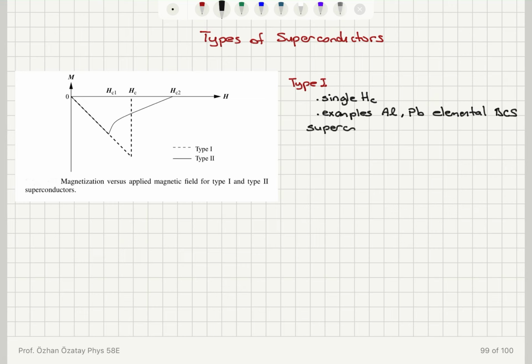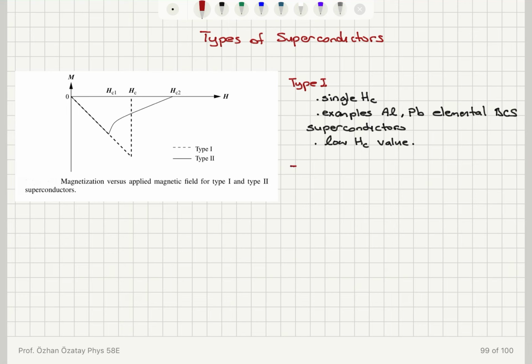They fall into this type 1 category, and they tend to have a low critical field, low HC value. So it's not a very good material to work with in that sense because the critical field is low, so the maximum current that they can maintain is going to be low as well.